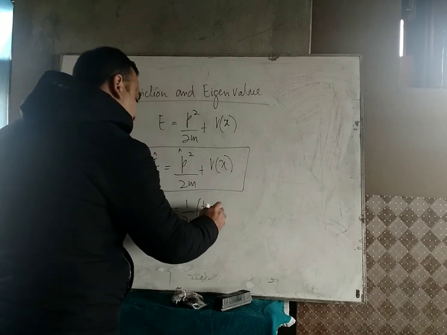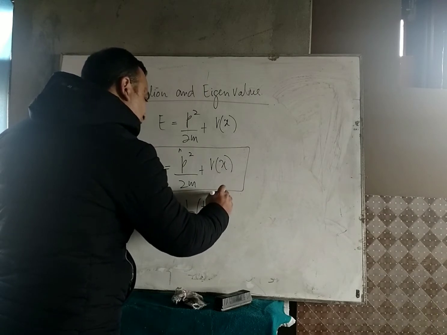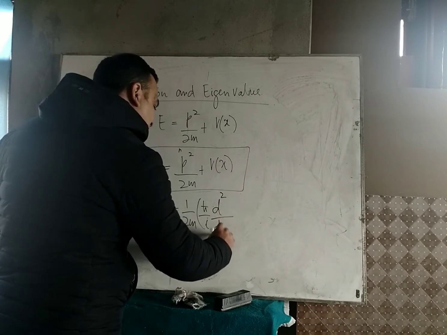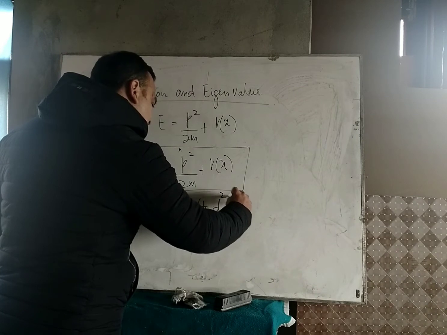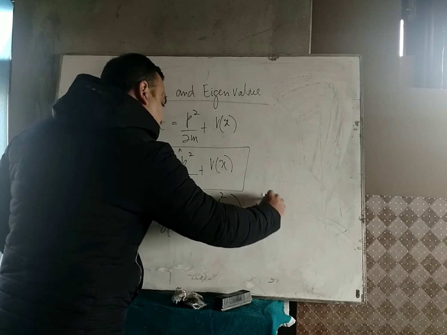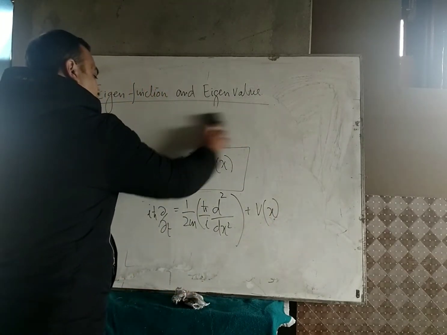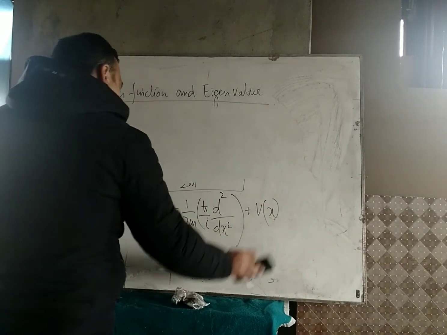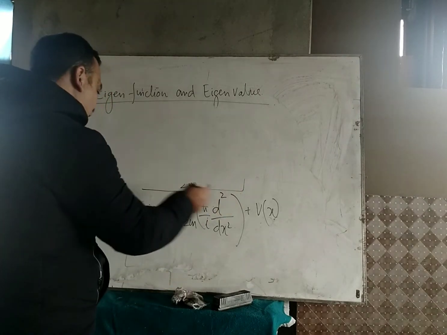Then we can take the total derivative here because we are assuming only one coordinate. So it is d2 by dx2, plus V of x. Now we are going to use a wave function here.